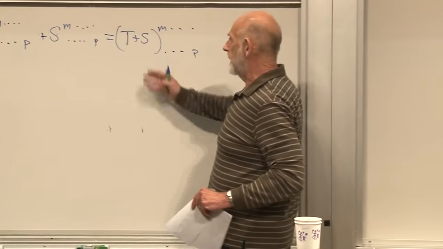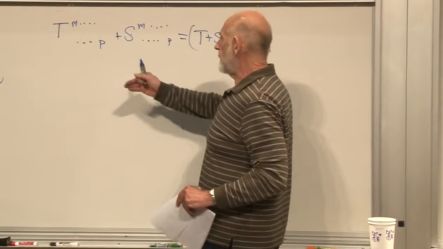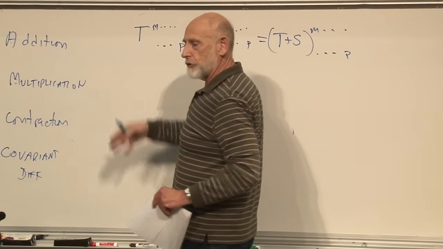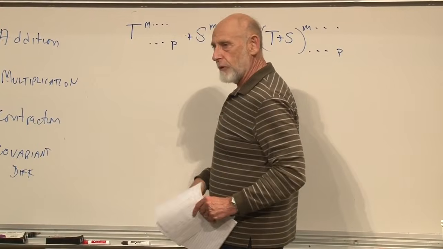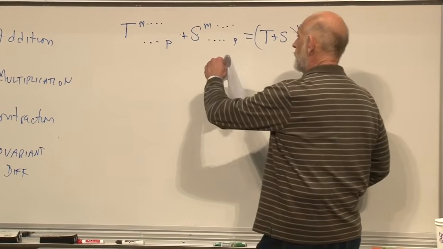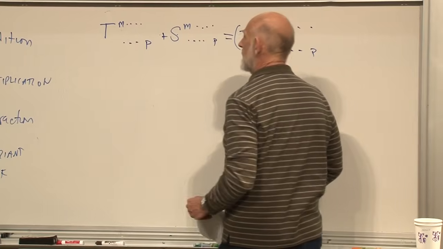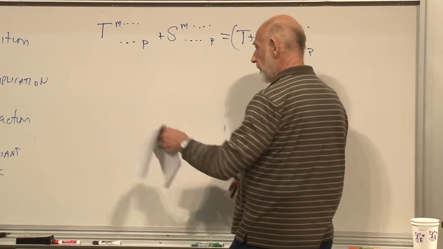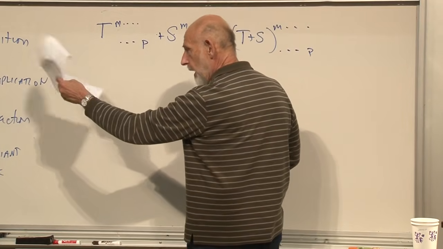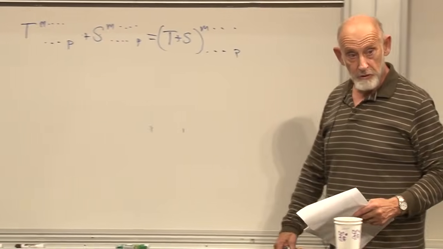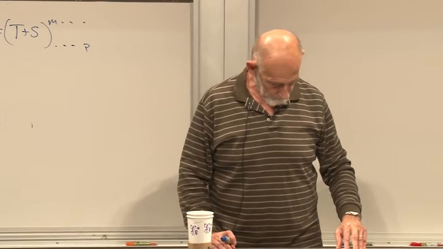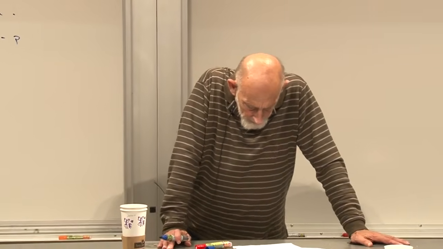It's obvious that this transforms the right way. If T transforms by multiplying it by a bunch of dx by dy's and dy by dx's, and S transforms the same way, then if you just factor out the transformation coefficients, the dx dy's and the dy dx's, then you can see easily that the sum is also a tensor, transforms as a tensor.